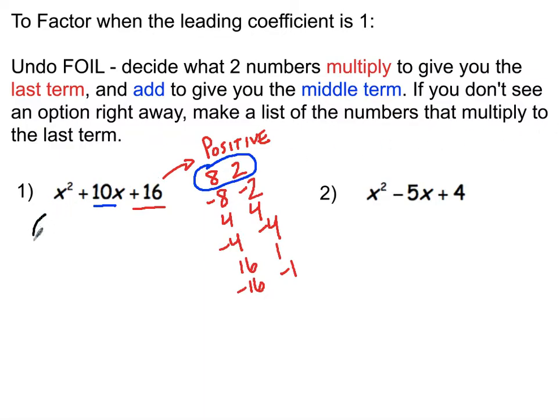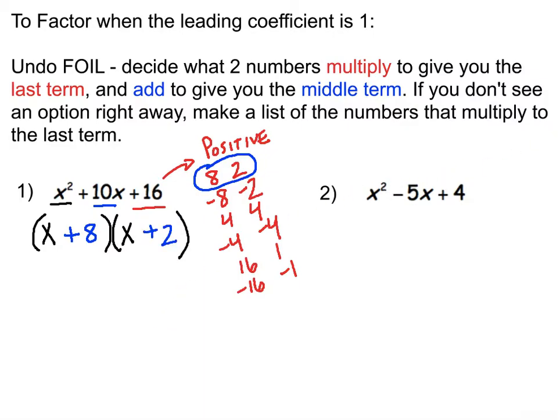So to write it out, we're going to set up our two sets of parentheses. The thing that makes x squared would have to be an x times an x. And then the two numbers that we circled, a positive 8 and a positive 2, are going to be written like this.